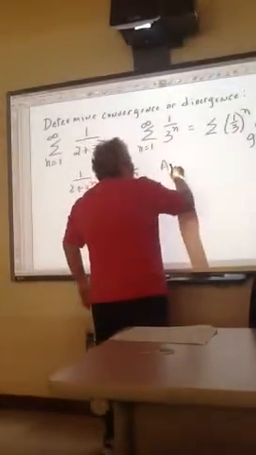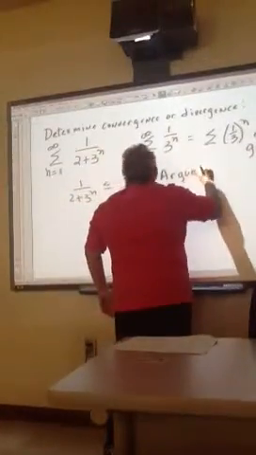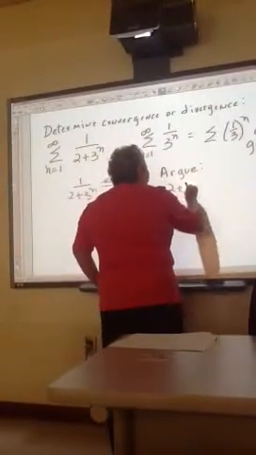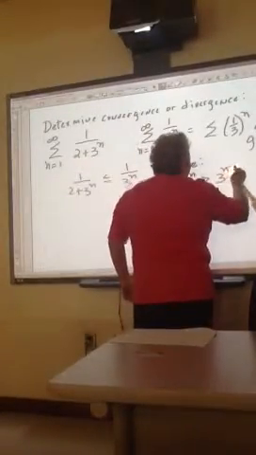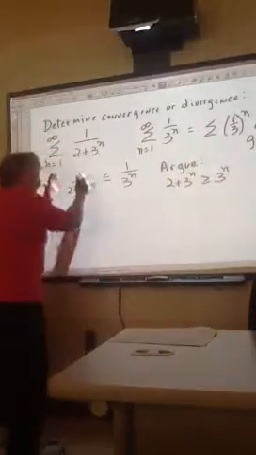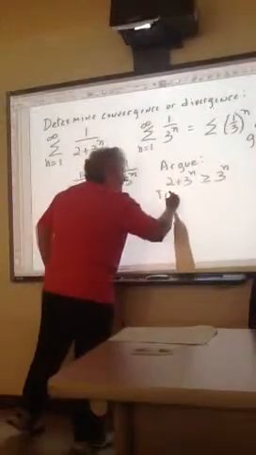So here's what you would argue. You'd argue that 2 plus 3 to the n is greater than or equal to 3 to the n, and therefore, this is a true statement. So we've got that this is true.